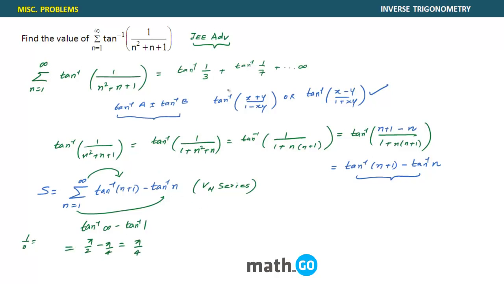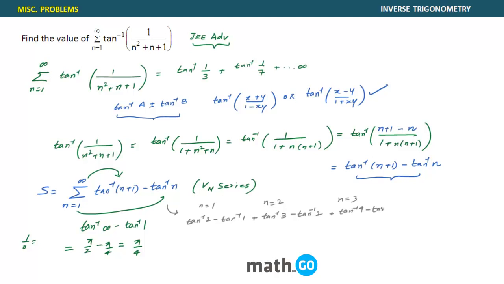People who are not comfortable with Vn, what they can think of is this: let's start putting the value of n as 1. If you put n equal to 1, what answer are you going to get? Tan inverse 2 minus tan inverse 1. Let's put n equal to 2, then what will you get? Tan inverse 3 minus tan inverse 2. Can you see that you are getting a definite pattern where each term is getting cancelled by its succeeding term?